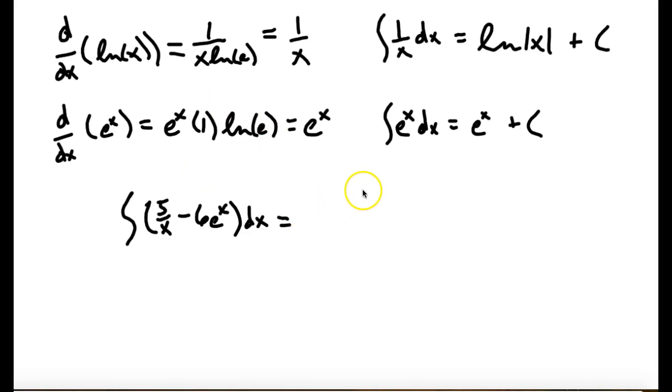So, we know the antiderivative of 1 over x is natural log of x. So, actually, let me rewrite this here using our properties. So I can say this is the same as 5 times 1 over x dx, and then pull that -6 out. So minus 6 times e to the x dx.